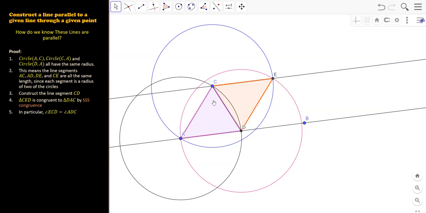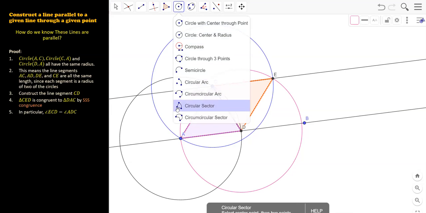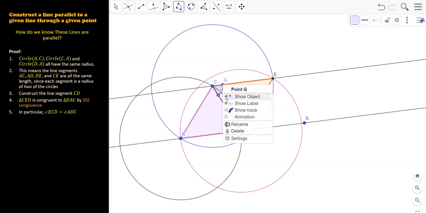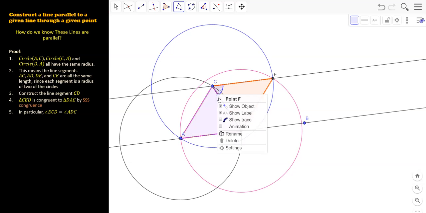In particular, the two angles I want to look at are angles ECD and ADC. We can label these angles with a little circular sector here. Angle ECD means the angle whose middle letter, C, is the vertex. That angle is angle ECD.